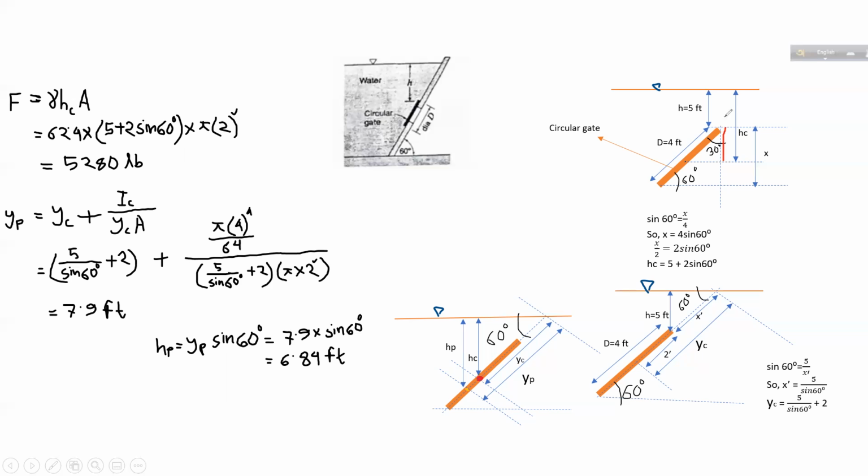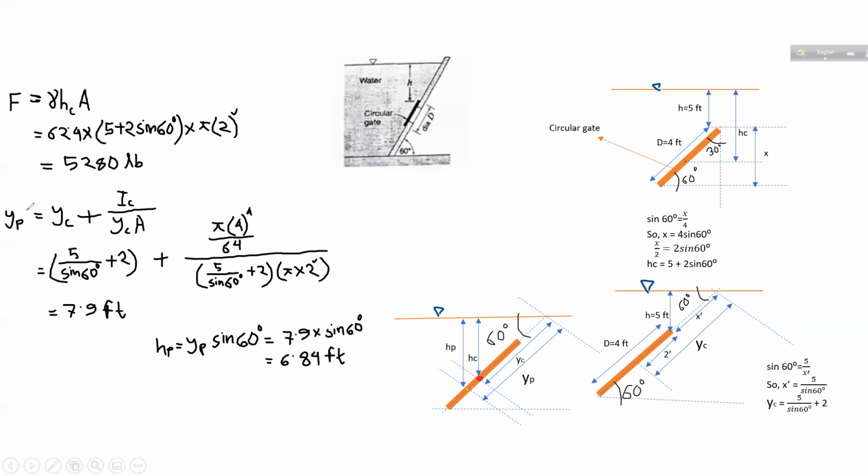So x by 2 is equal to 2 sine 60 degrees. So we can write HC is equal to 5 plus 2 sine 60 degrees. So it is 5 and it is 2 sine 60 degrees. So the total height is here. Now put all the values here. We will get the value of the pressure force as 5280 pounds.